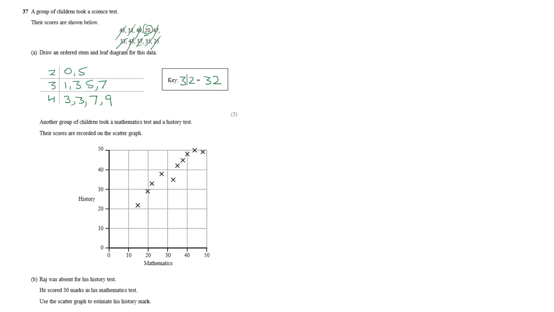So this is 30. He scored 30. Then his mark may be somewhere here. So the estimated mark may be 38, 39.